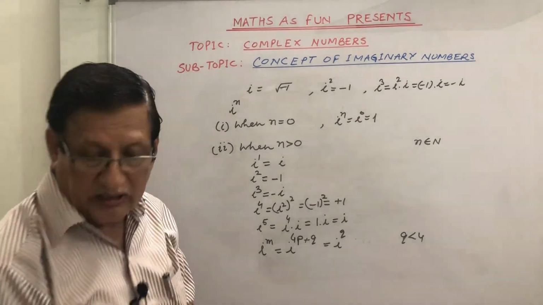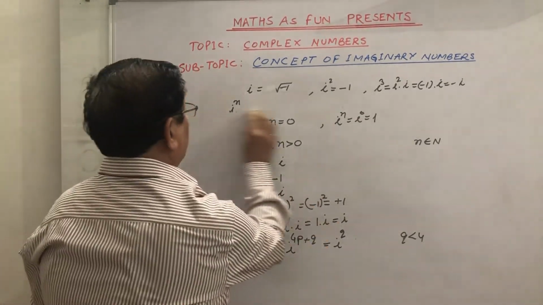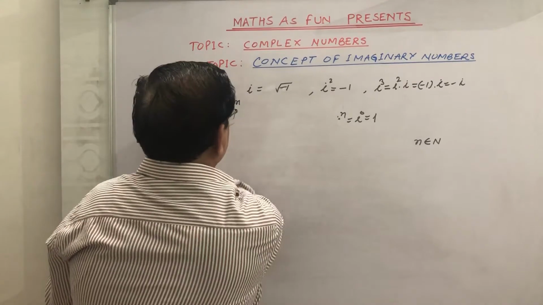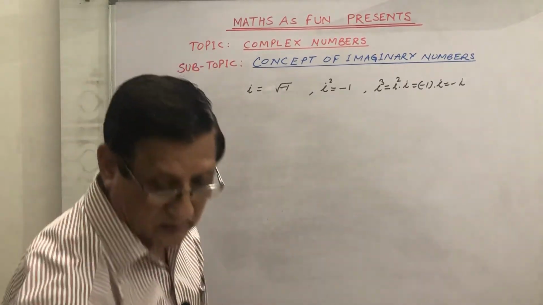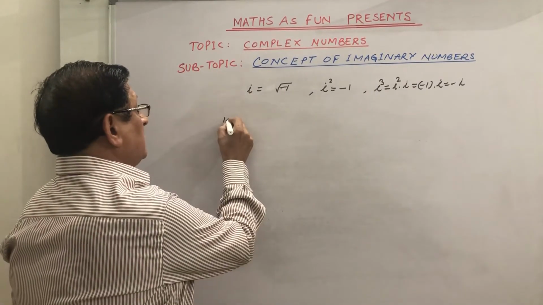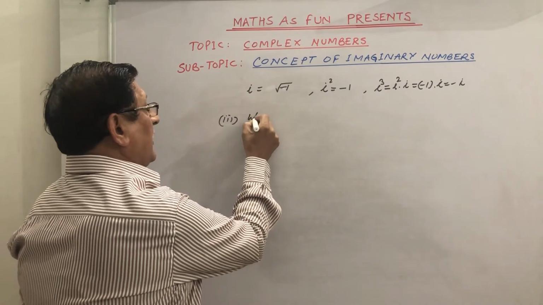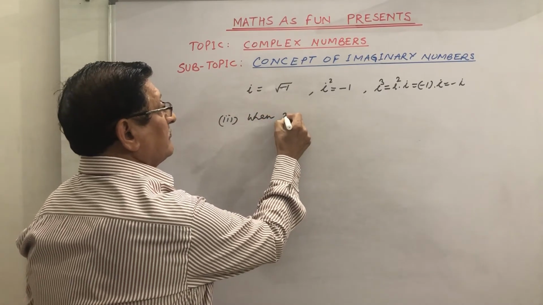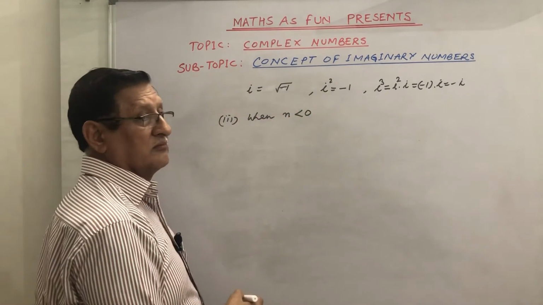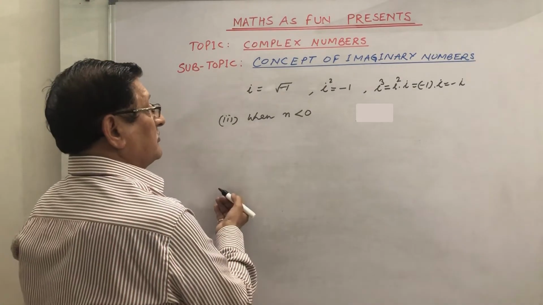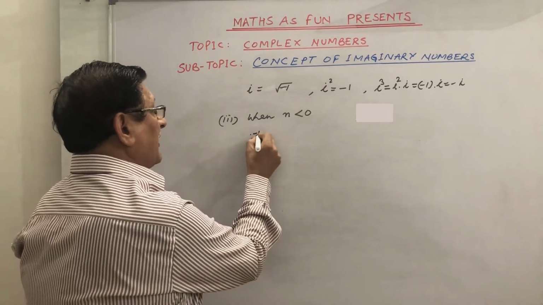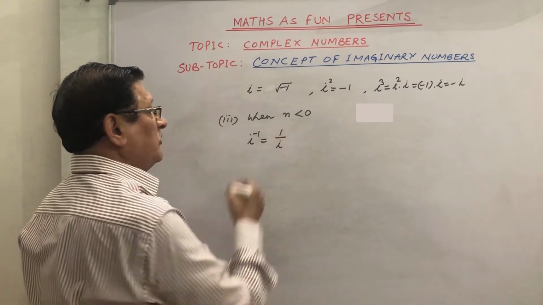Number 3 we can take. The third case may be when n is negative, n is less than 0. Then what will happen? See, iota to the power minus 1 can be written as 1 upon iota.